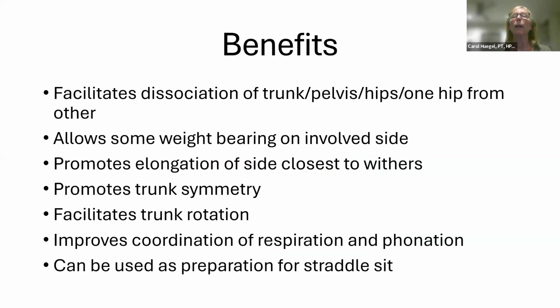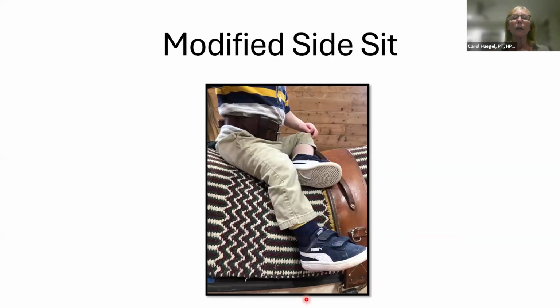So the benefits are that you're getting a lot of dissociation: dissociation of the trunk from the pelvis, from the hips, and basically one hip from the other. If you've got a little patient that's got more involvement on this side, then it's a way of getting them to get a little bit of weight borne on that side.